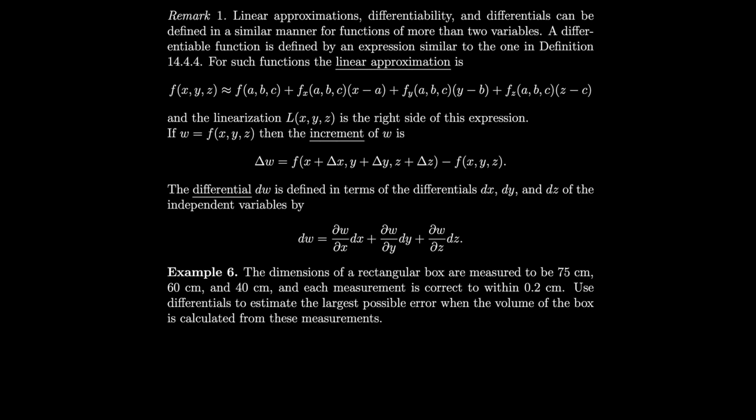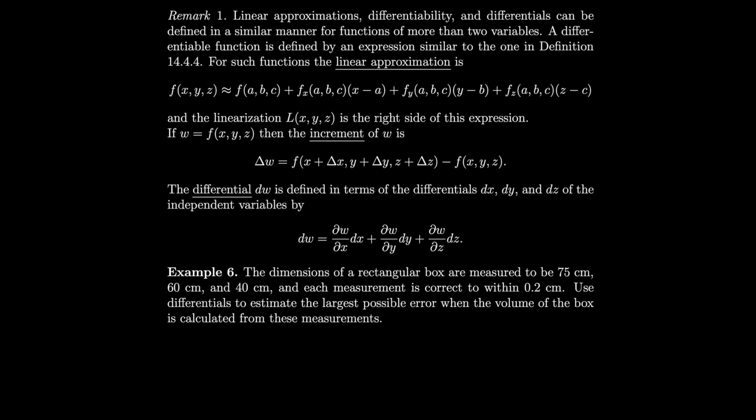Just like the way that we extended single variable linear approximations, differentials, and differentiability, we can do pretty much the same thing for further variables, higher dimensions. So if we want to do it for 3 variables, we just add another partial derivative times the next variable minus the coordinate of the point we're at. So in this case, we'd have a 4th variable over here.